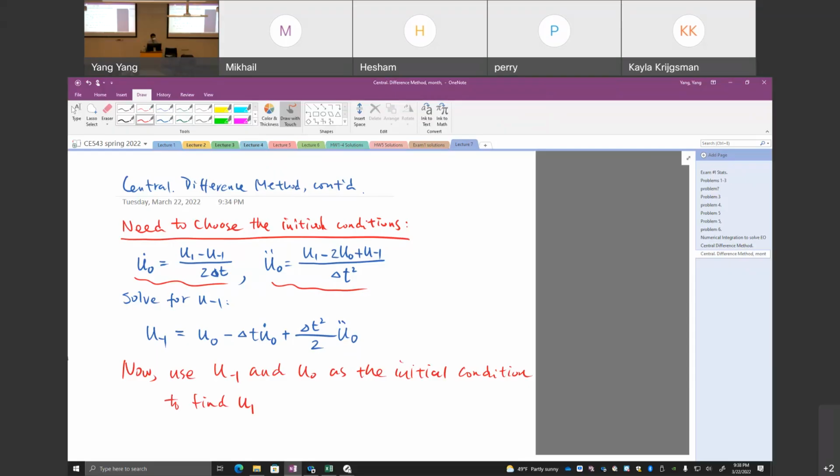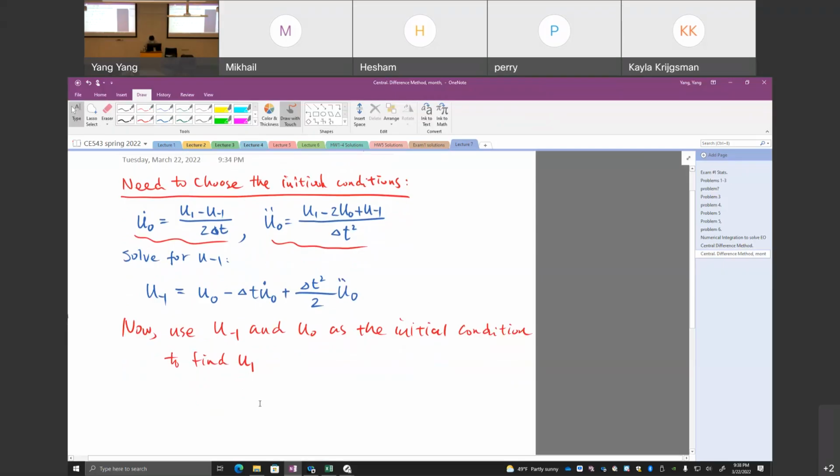To find U1: as long as we have U minus 1 and U0, we should be able to find U1.